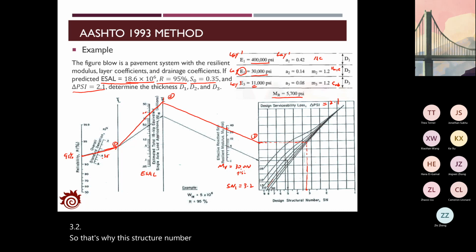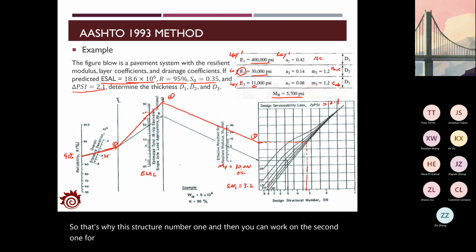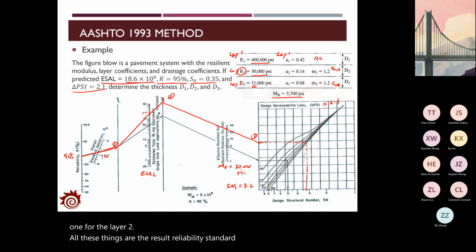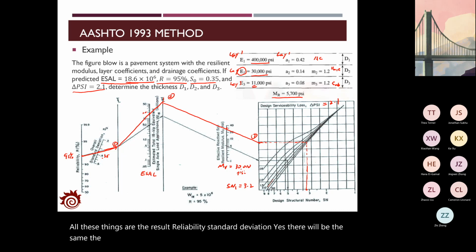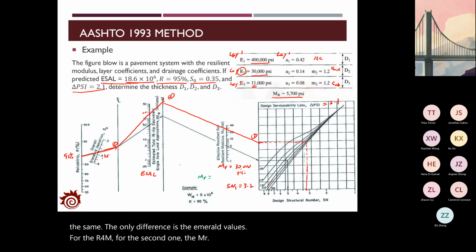And then you can work on the second one for layer 2. The reliability, standard deviation and ESAL will all be the same. The only difference is the MR value. For the second one, the MR will be the resilient modulus of the layer below, that will be 11,000.